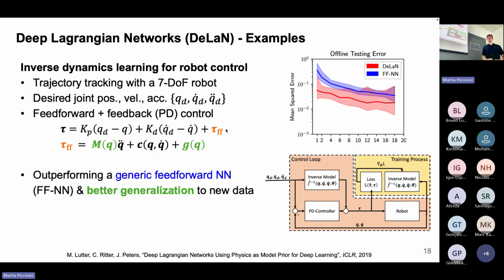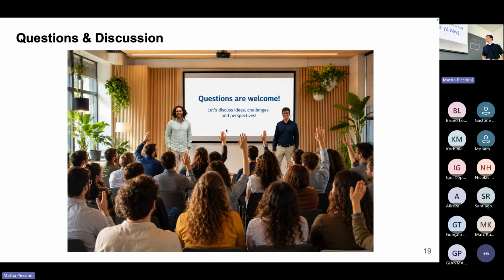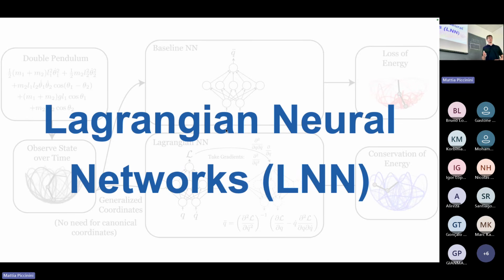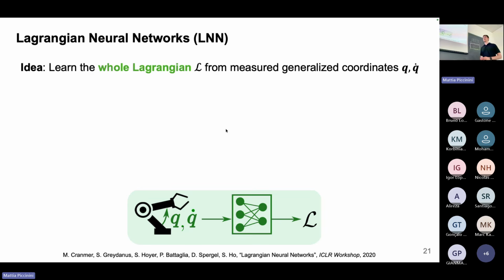So yes, we've seen the Lagrangian once before. There's another approach called Lagrangian, not deep Lagrangian, but Lagrangian neural networks. That is strongly related to the deep Lagrangian, but there are differences.